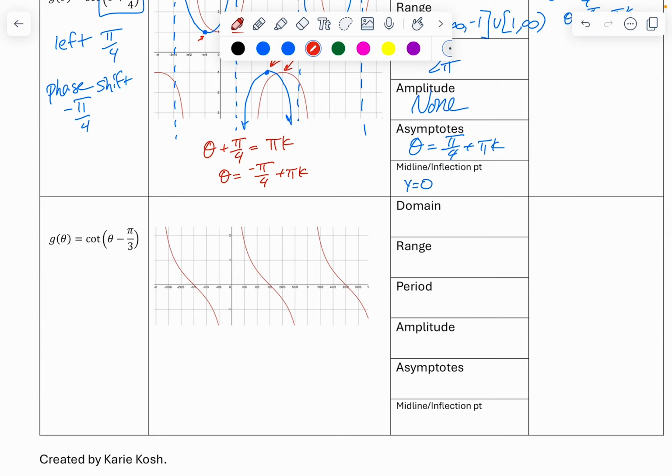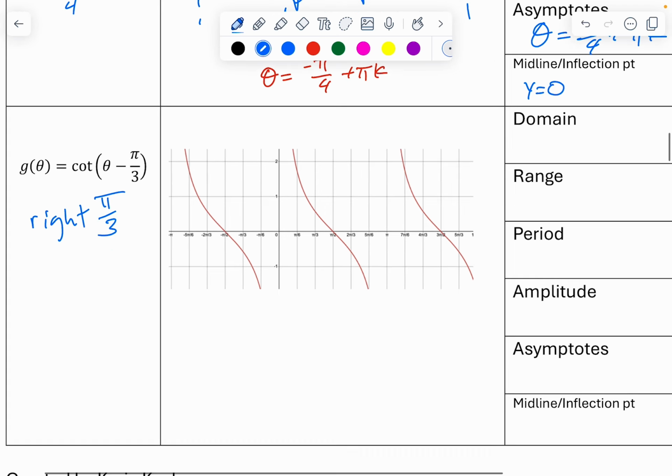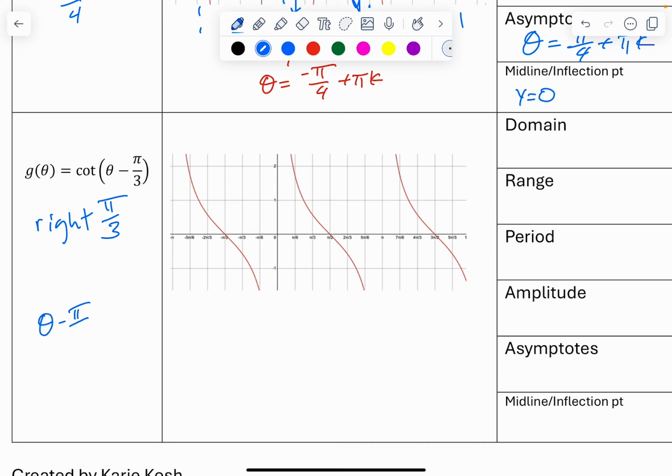Let's look at cotangent. What is this asking us to do? It's asking us to do a phase shift of pi over 3, so we're moving to the right pi over 3. Where are my new asymptotes? Cotangent originally had asymptotes at pi k. So if I do theta minus pi over 3 equal to pi k, my new asymptotes are at pi over 3 plus pi k.